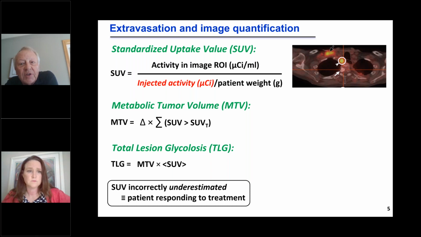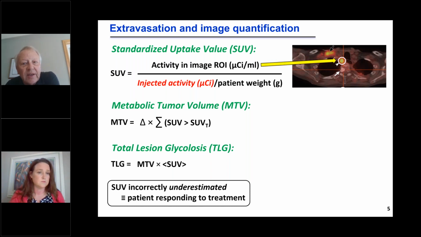And obviously, if the injected dose is not cleanly injected into the patient, the actual dose circulating will not be the dose in the syringe originally. And that will affect not only the SUV, the standard uptake value, but also the metabolic tumor volume, which includes an SUV, and the total lesion glycolysis, another quantitative value extracted from the image that also includes the SUV.